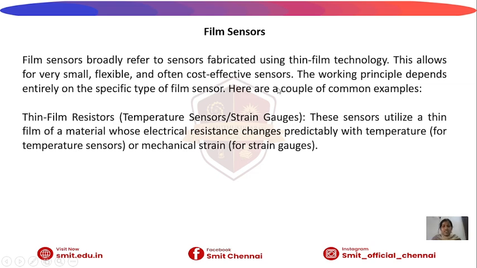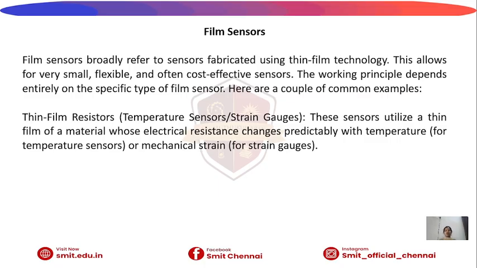Next is the film sensor. A film sensor is fabricated using thin film technology, and it allows very small, flexible, cost effective sensors. The working principle of a film sensor depends entirely on the specific type of film sensor.